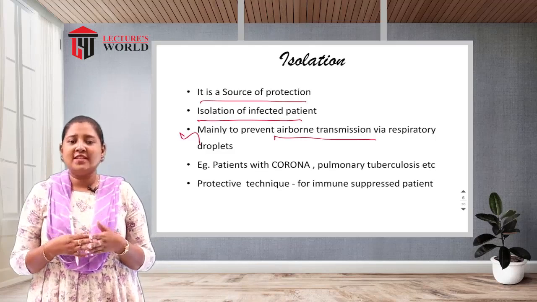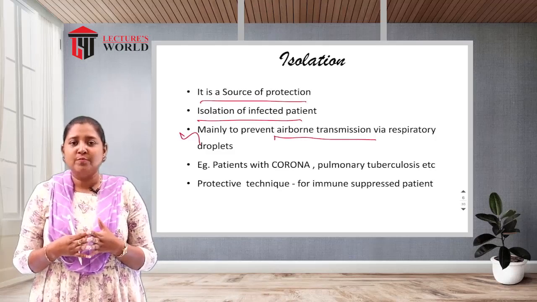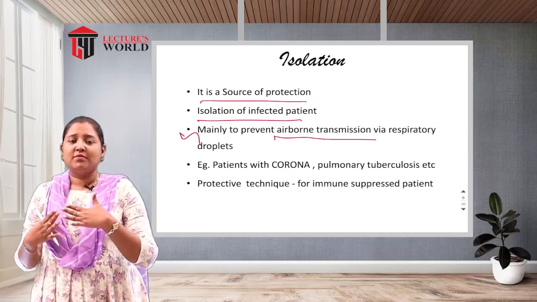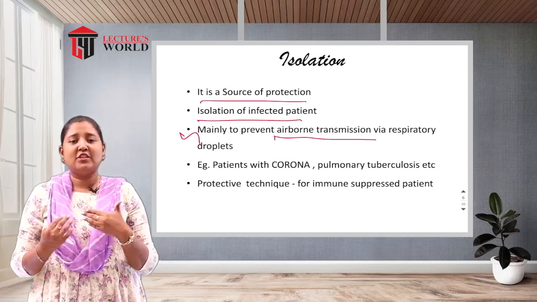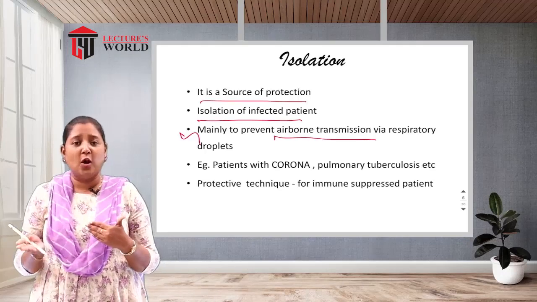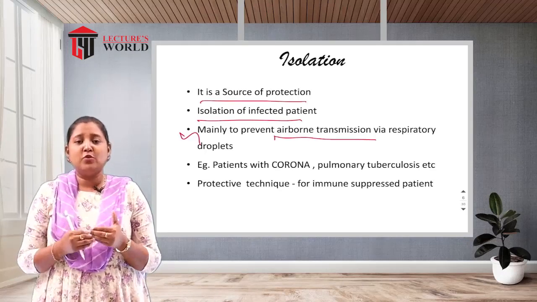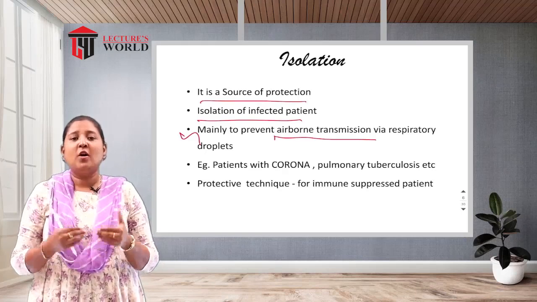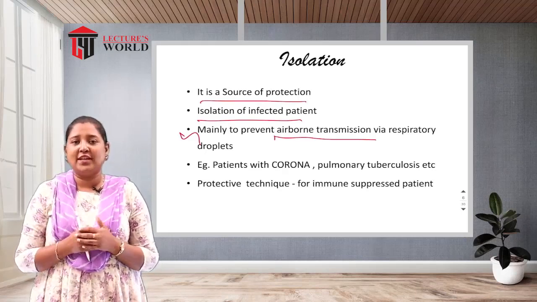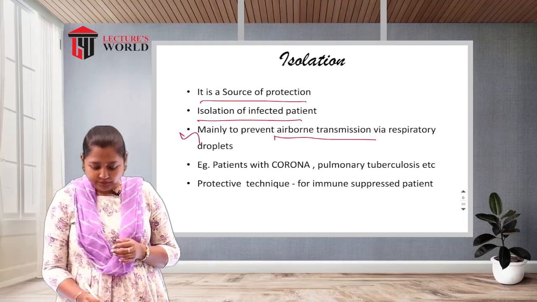So to prevent that, you can keep them in an isolation room with negative pressure and negative temperature, that is, it will not be the same as the room temperature outside. This particular room will have filters so that the air will not be circulated with the microorganisms.